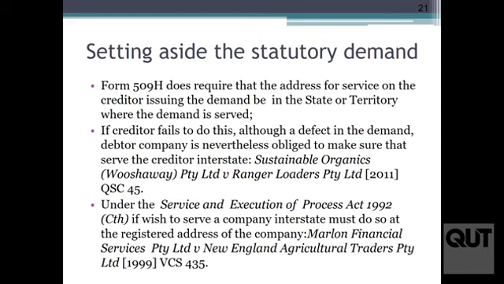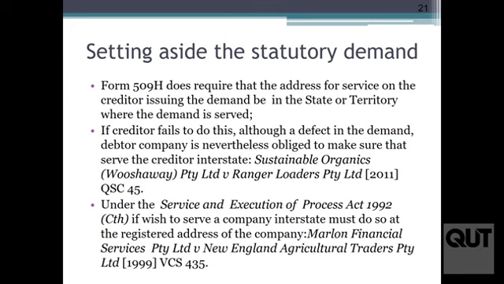Okay, Form 509H does require that the address for service on the creditor issuing the demand be in the state or territory where the demand is served. So what does this mean?